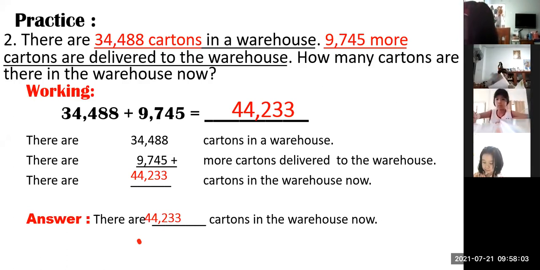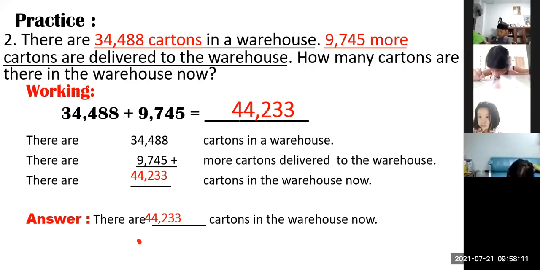In number 3, the question here is, a printing company printed 54,300 books, and it delivered 40,588 books to some bookstores.